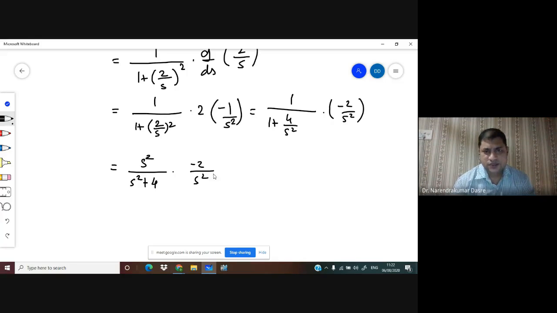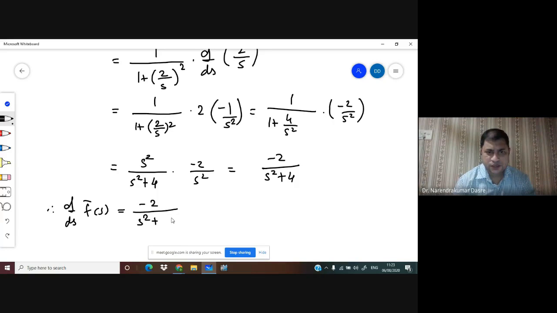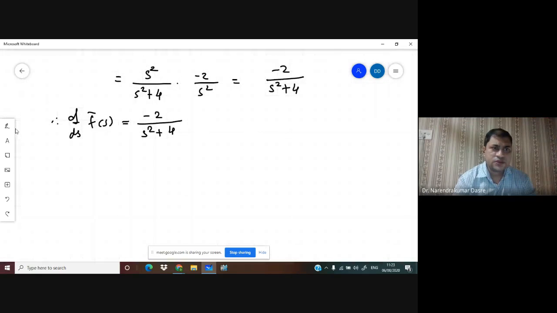So this s square and this s square get cancelled. So we'll be having minus 2 upon s square plus 4. So we got d by ds of f bar of s is equal to minus 2 upon s square plus 4. So this is our first step.